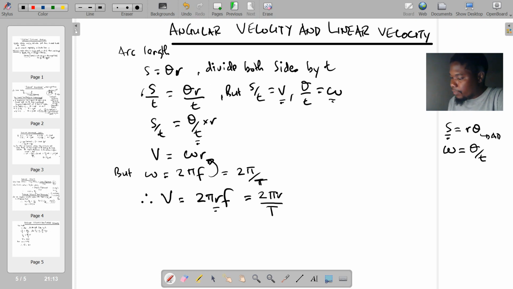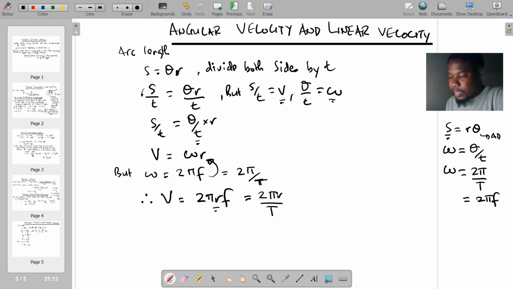After that we also reached a point where we said angular velocity is equal to 2 pi over T, and then we discovered that this is also equal to 2 pi f.